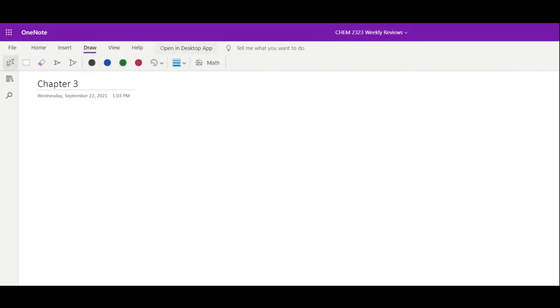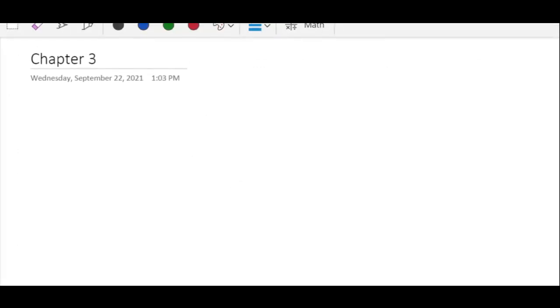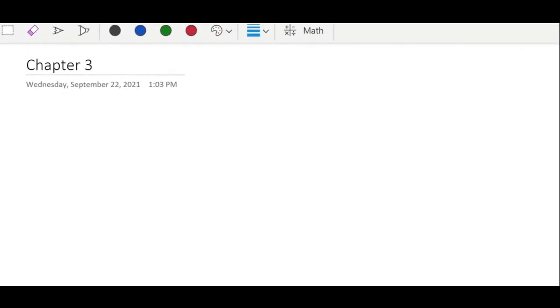All right, so real quick, we're gonna talk about chirality again. In chirality, you have a carbon and 4 different groups. So this is group 1, group 2, group 3, group 4.